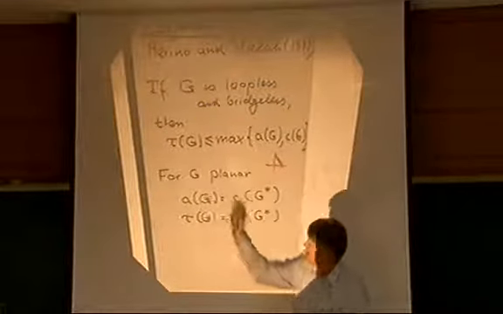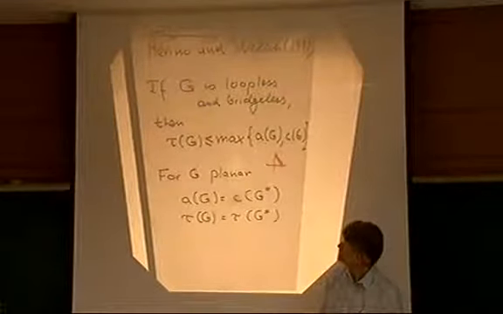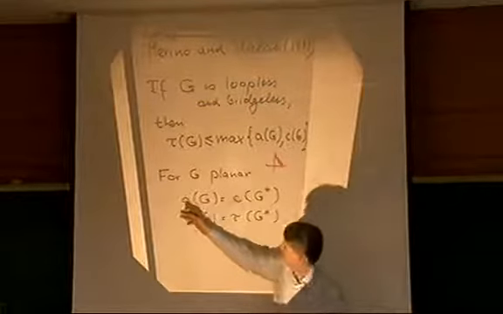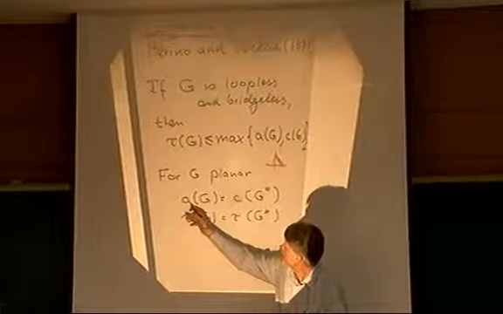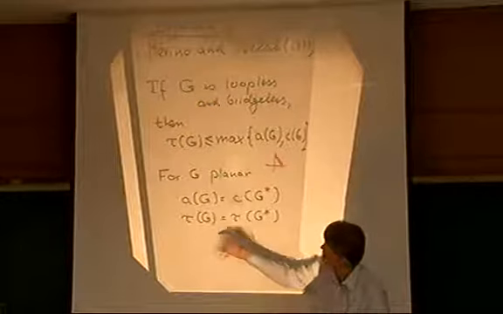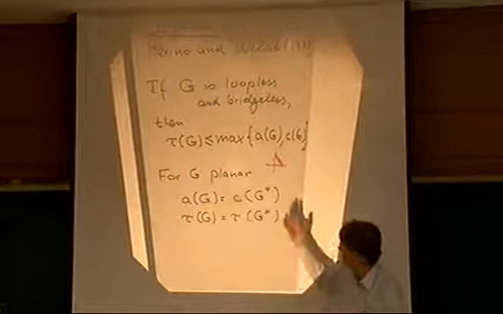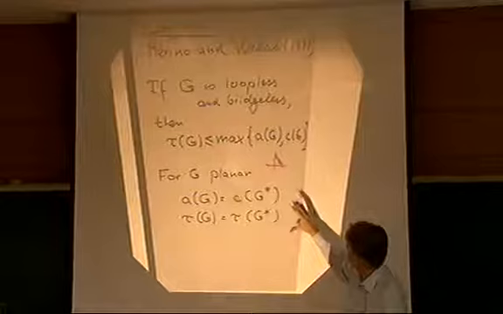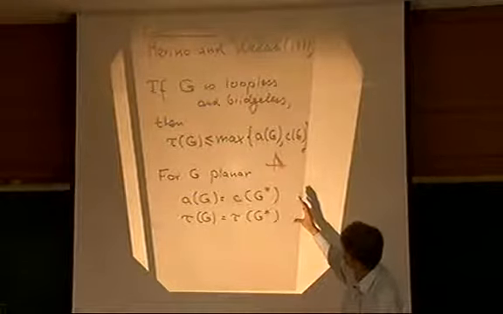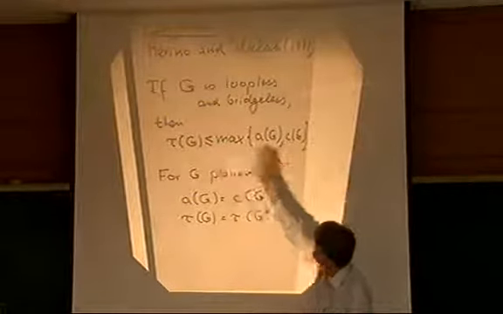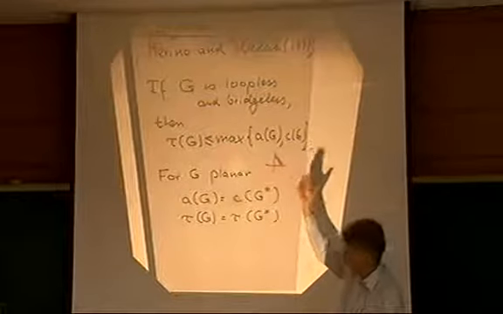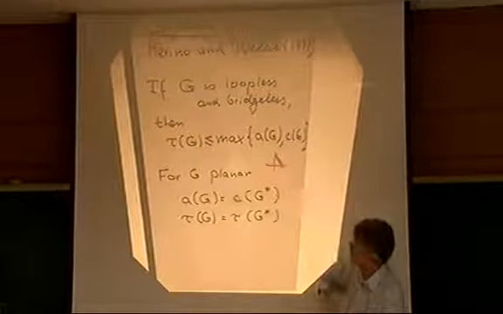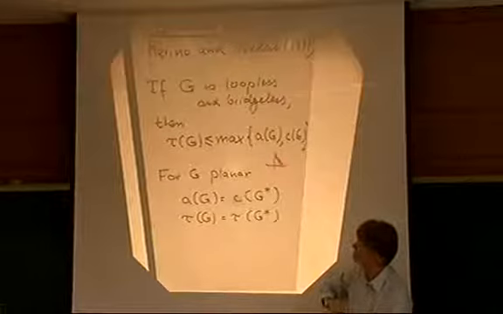So that's another nice relation between these two numbers. And there you can see that for planar graphs, it would be sufficient to prove this either for the graph or its dual graph. You are allowed to switch between the graph and its dual graph.